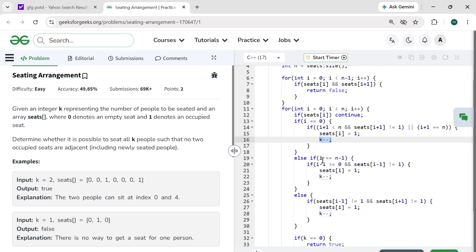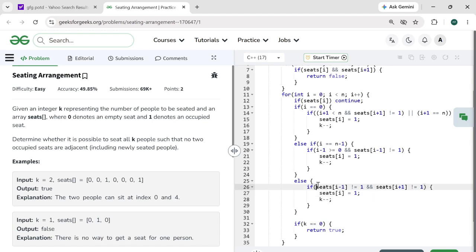Similarly I will check the last position: if the last position is empty and its previous position, i minus 1, is also empty, then I'll again set the value to 1 and simply decrement the value of k. Otherwise, I'll check the immediate neighbors. If the immediate neighbors are empty, then I'll allow the person to sit over here also and simply decrement k.